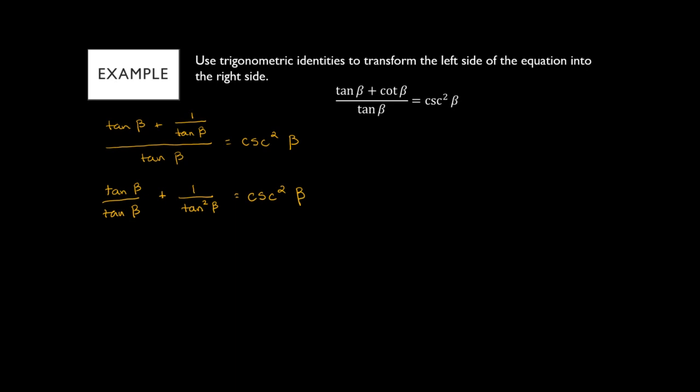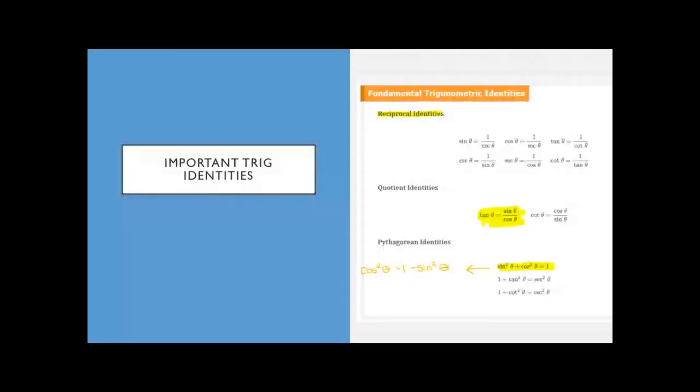Tangent of beta over tangent of beta is equivalent to 1. Now, I don't personally know of anything helpful with 1 over tangent squared of beta. If you go to our trig identities, we don't have anything with 1 over tangent squared. But we do have 1 plus cotangent squared equals cosecant squared. So it looks like we're getting to this last one here.